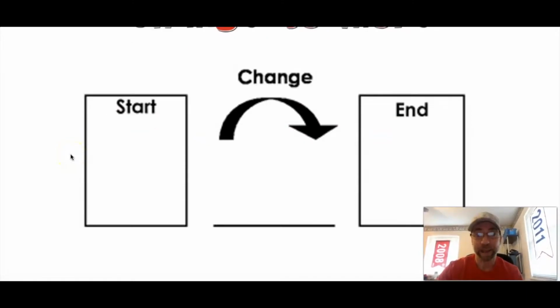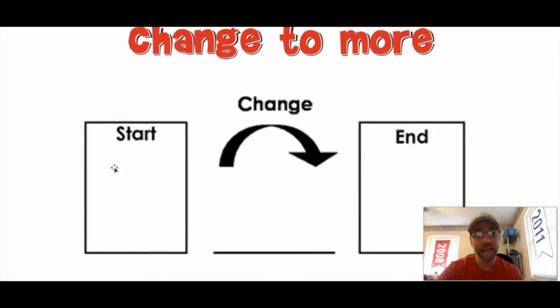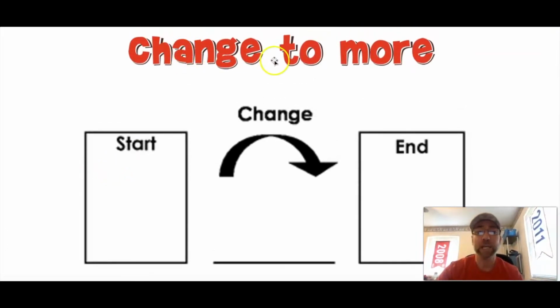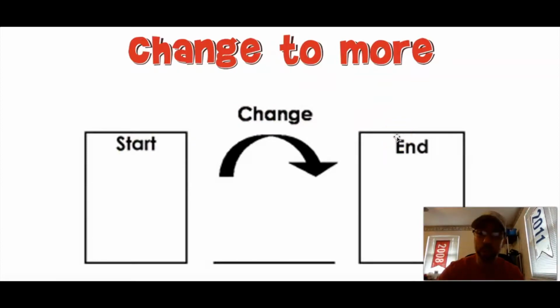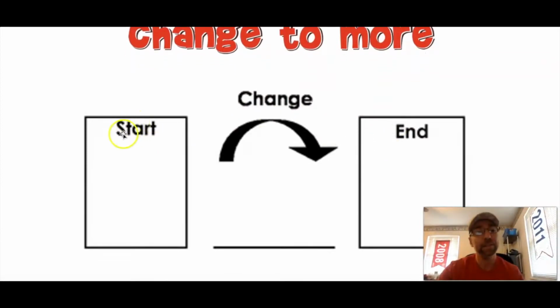Now this here, our start, change, end, is called a diagram. A diagram is another math tool that we use to help us solve math problems. This diagram is called the ChangeToMore diagram. I like to say the start, change, end diagram because those are the words that appear. The start, of course, is the beginning. The change is what's happening.